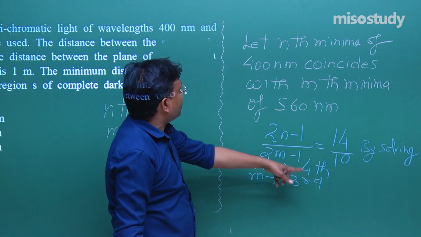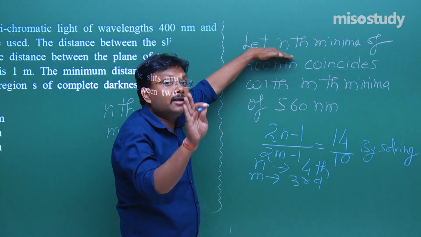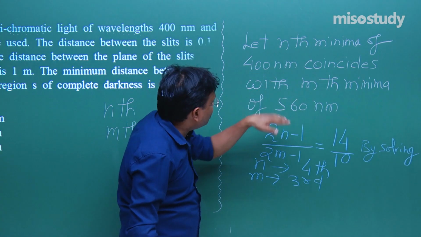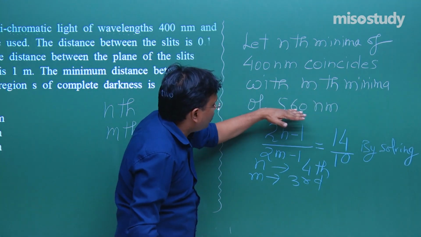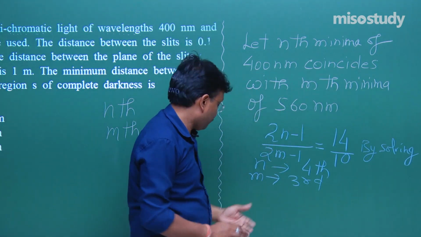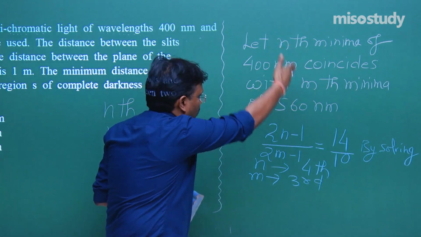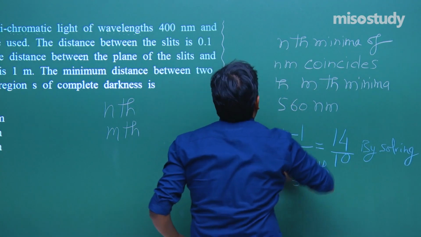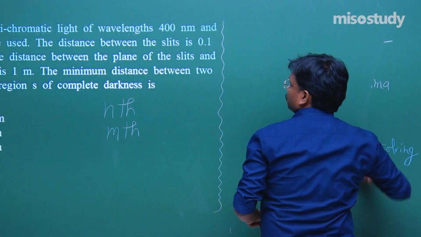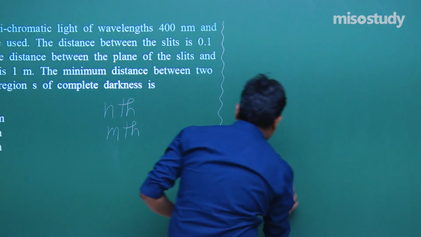What initially I said nth, now it is 4th. What initially I said mth, now it is 3rd. Next time for the second half, I am not going to write down this explanation because I hope it is clear to you. So let us move ahead.